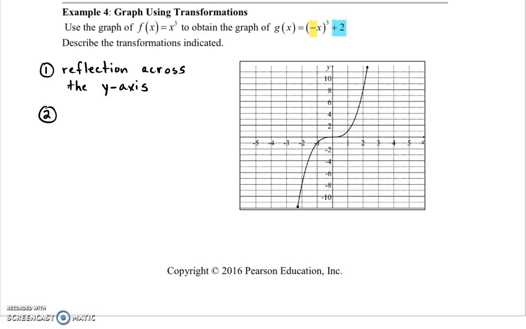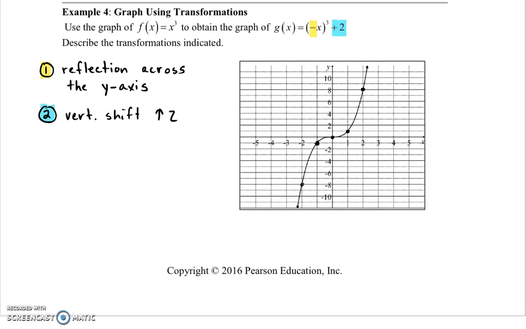And the second one is a vertical shift up 2. So our points are (-2, -8), (-1, -1), (0, 0), (1, 1), and (2, 8). So we can do all of those points following the transformations.